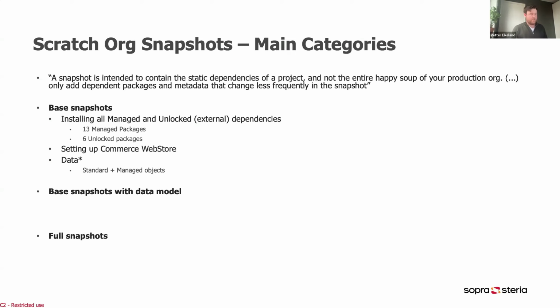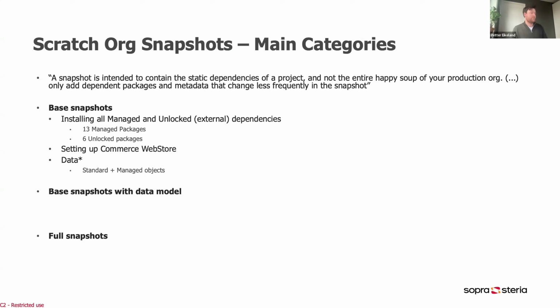So the limitation in a way for this base snapshot is that you can't really insert all the data you need. You can create it for accounts, products, opportunities, contacts. But since you in this snapshot haven't uploaded or deployed your whole data model of custom objects and such, you're not able to actually insert all the data that you want.